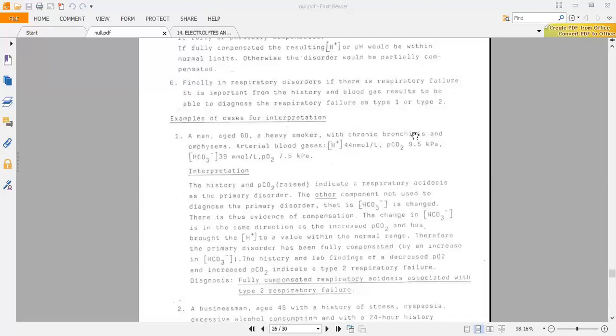The person will have respiratory alkalosis. Why? Because the chronic bronchitis will cause hyperventilation. No, they don't have hyperventilation.